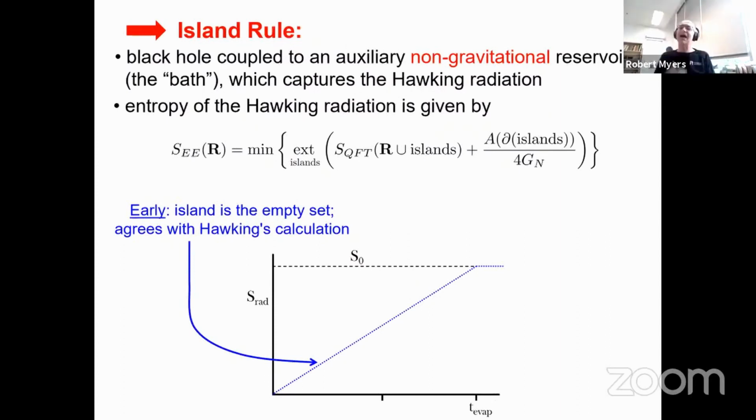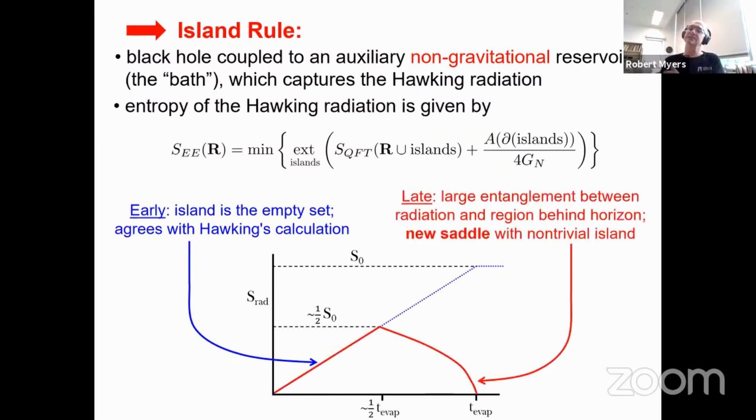So just schematically, how is that going to work? Well, at the early stages of the evaporation process, what one finds is that I can test lots of possibilities for islands, but the empty set is the extremum of this, i.e. there is no island to be included, and we're just calculating the standard entanglement entropy of the radiation degrees of freedom, and this is really Hawking's calculation, and so what we see is the entropy increasing at these early times.